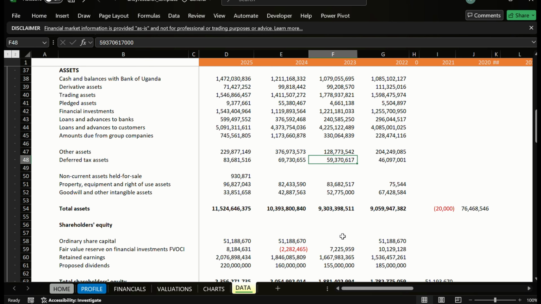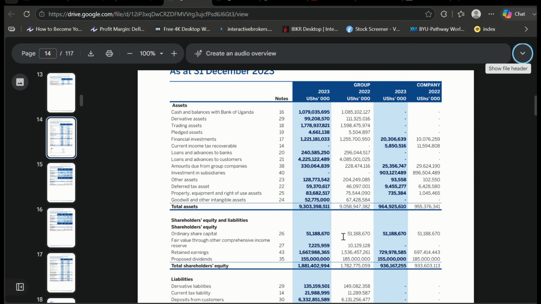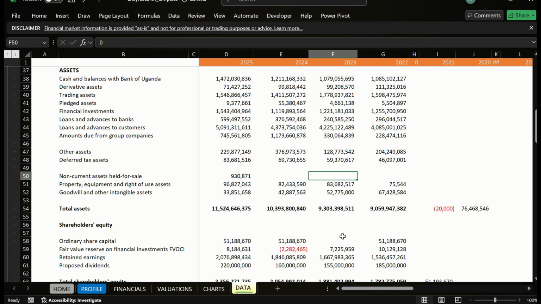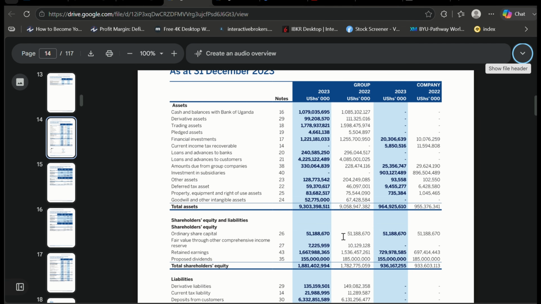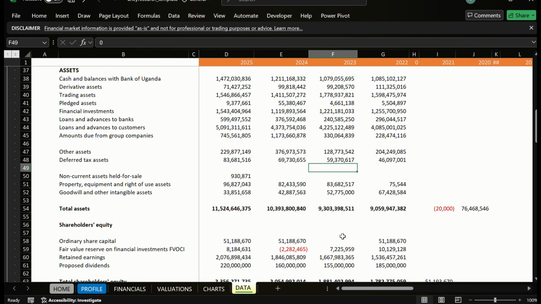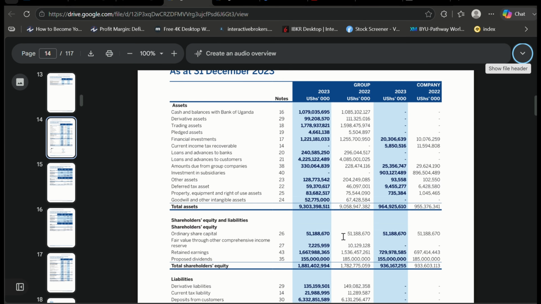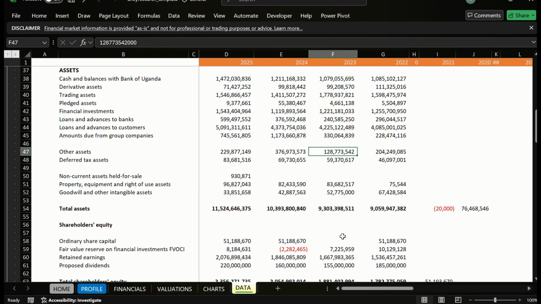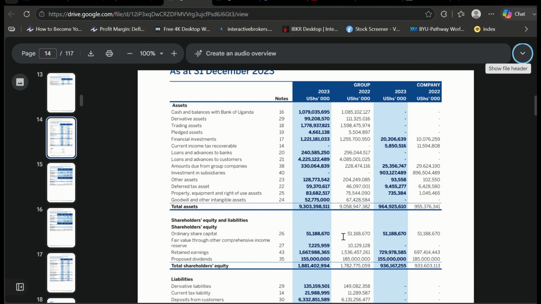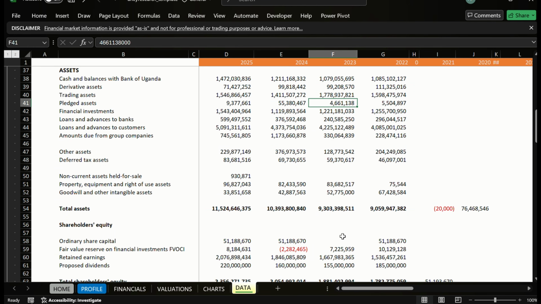So 20k, where is that 20k? 128, 250, 033, 95, 542, 839, 489, 250, 033, 138.